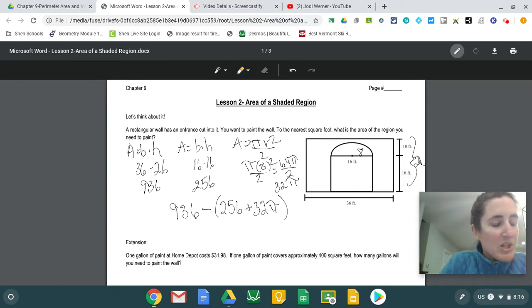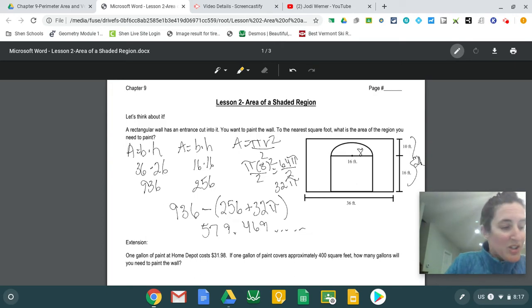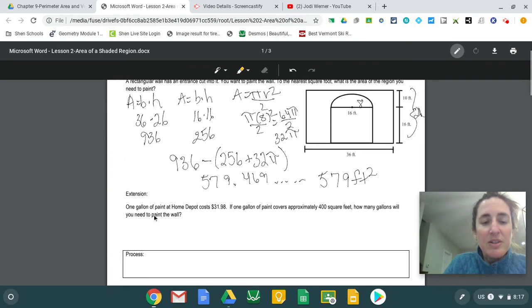If I do that math on my calculator, I end up getting 579.469 and so on. It actually asks you to round it to the nearest square foot, so that would be 579 feet squared.